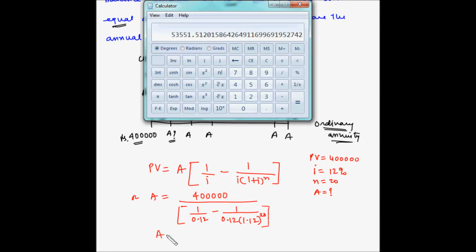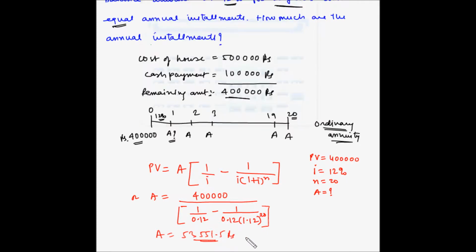So A turns out to be 53551.5 rupees. So this is the annual installment that you need to pay to the bank for the next 20 years. And that is because you have taken a loan of 4 lakh rupees from the bank.